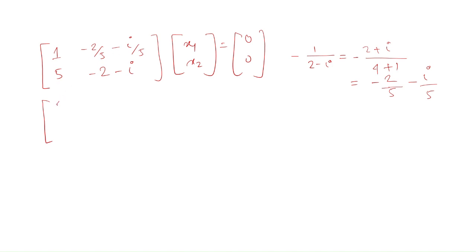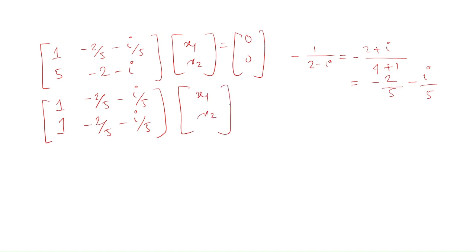Let's keep the first row as it is and the second row dividing by 5. Here we write R2 becomes 1 by 5 R2.